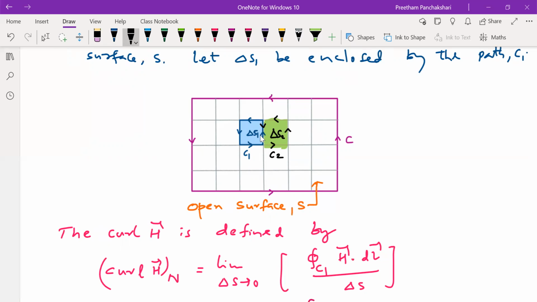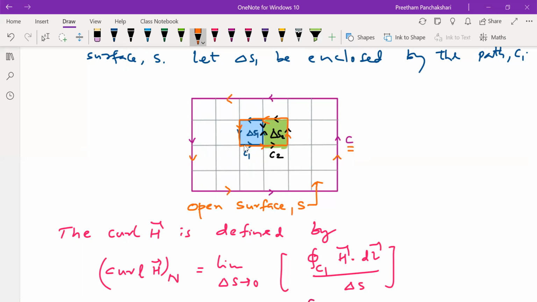If we observe carefully here, see the arrow mark, one is upward, another one is downward. So the common branch shared by both the surfaces will not have any field components. The field components get cancelled out. Therefore, after adding the curls of these two surfaces, they are defined only for the closed path, which forms the boundary of these two surfaces. Likewise, if we keep on adding the incremental surfaces to this summation, finally, we end up with the closed path as the total boundary of this complete surface.